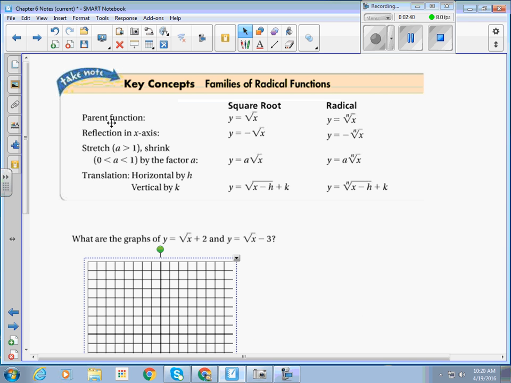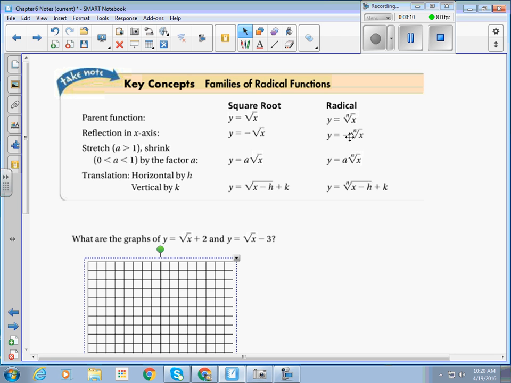All right, so here's our key concept. If we have a parent function, either a square root or an nth root, and I reflect it across the x-axis, I am going to put the negative out in front of my entire function.